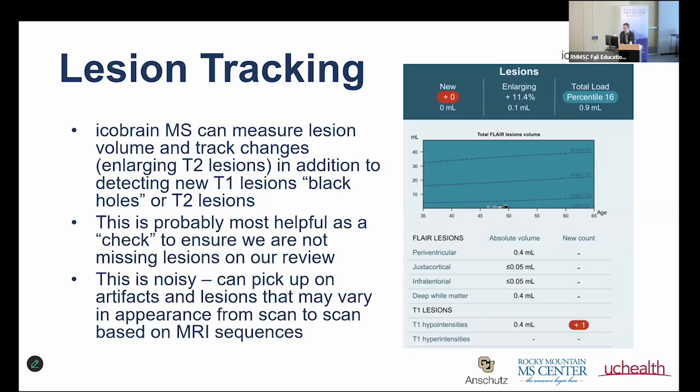But we can also track the lesions over time. Again, this is something that is still noisy. It is designed to not miss any lesions, so sometimes it picks up on some things that are not really there, which I think is important. I basically use this as a check to make sure we're not missing any changes. But this is really helpful for us to be careful about not missing things.